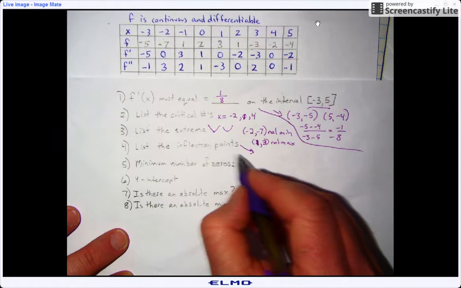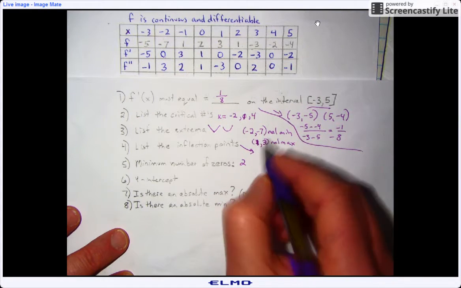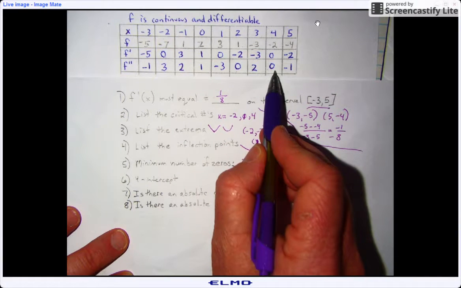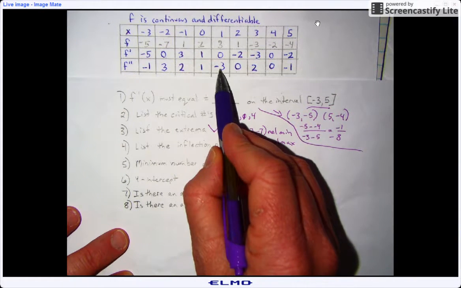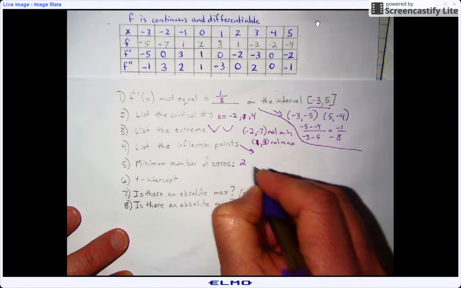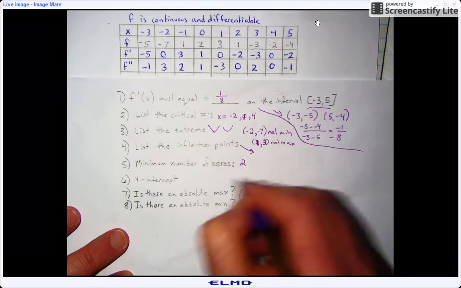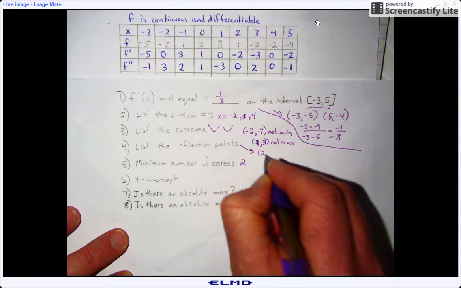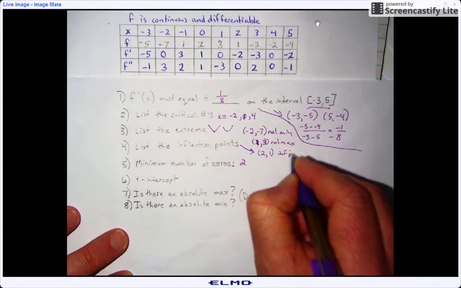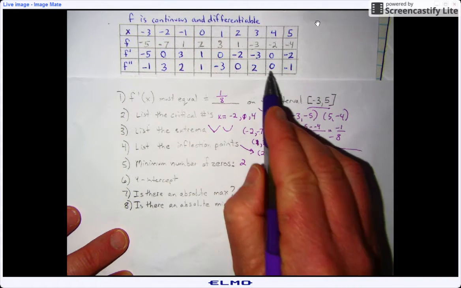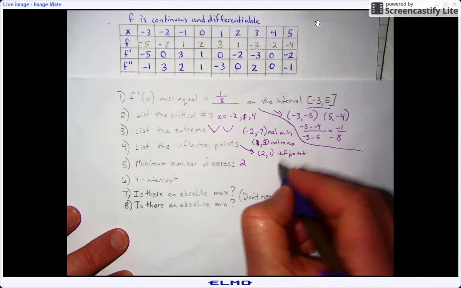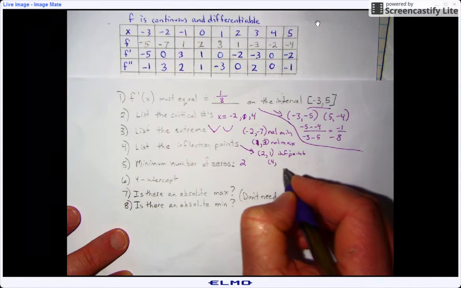List the inflection points. So possible inflection points are at x equals 2, x equals 4. Concavity changes from negative to 0 to positive. So at x equals 2, we have an inflection point. When x equals 2, y equals 1. That's an inflection point. And concavity changes from positive to 0 to negative, so at x equals 4, we also have an inflection point.